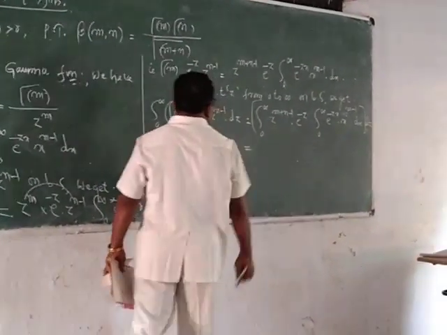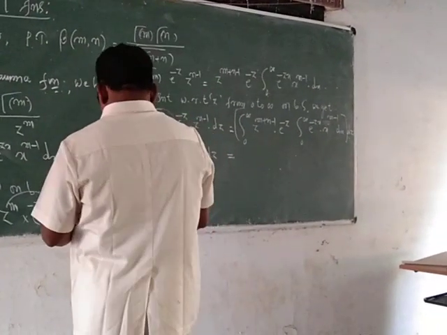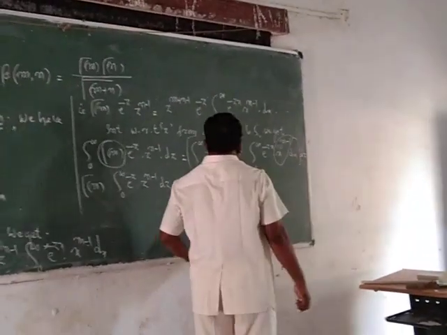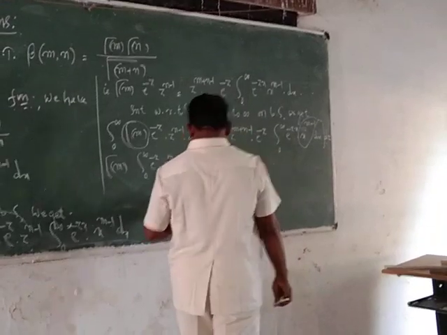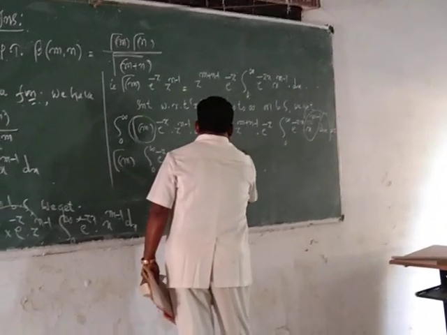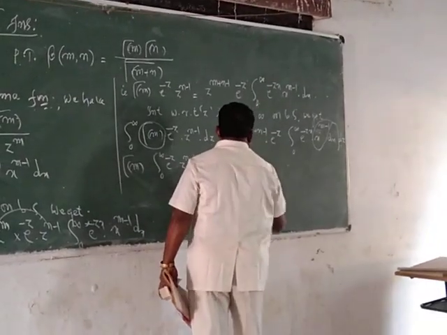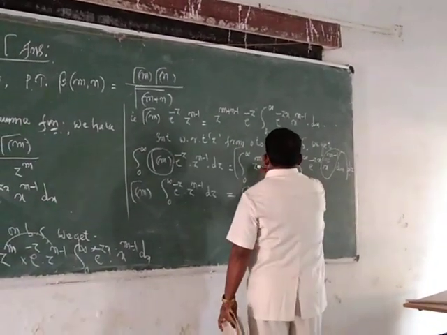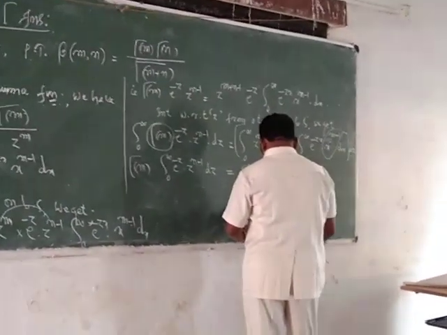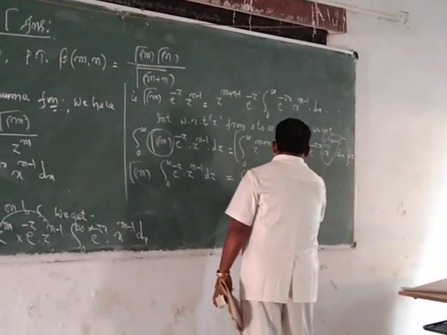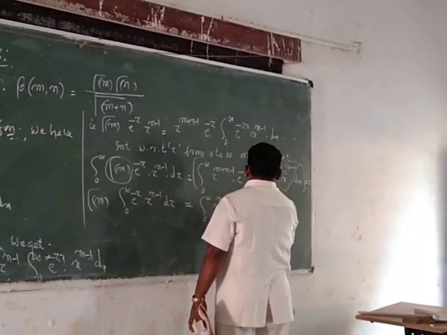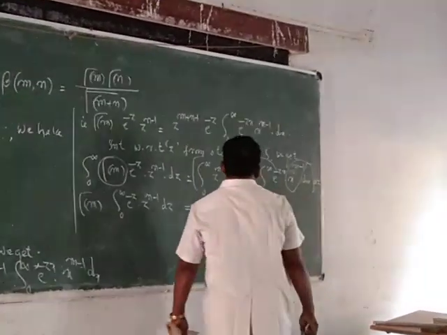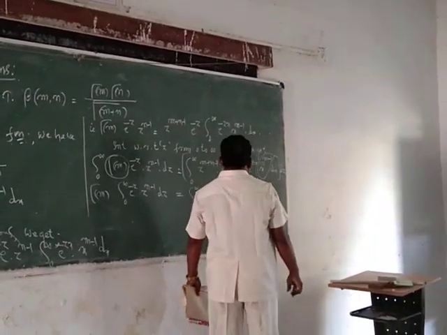1 into dz is equal to, as we are integrating this with respect to z, this x to the power m minus 1 is a constant. It can be written outside. Integral from 0 to infinity of x to the power m minus 1 into integral from 0 to infinity of z to the power m plus n minus 1 into e to the power minus z into e to the power minus zx.